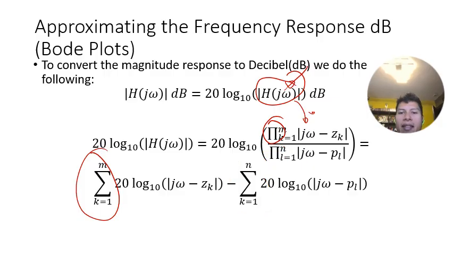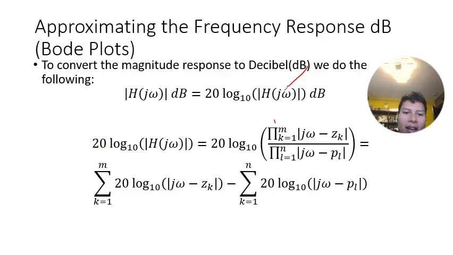So when I take the log of this big complicated expression, I actually get the sum of the logs of the little expressions. That's what our frequency response is in the logarithmic scale.